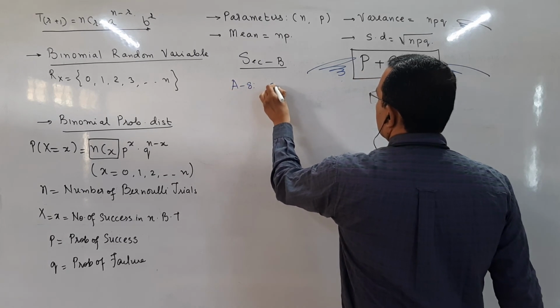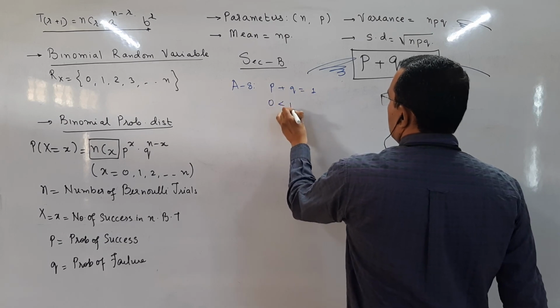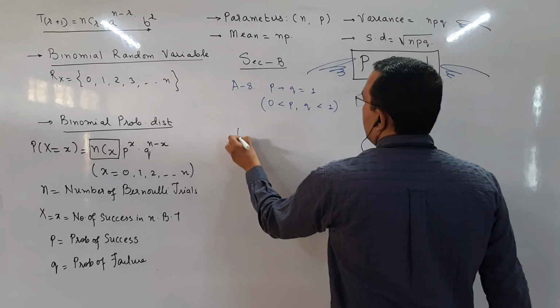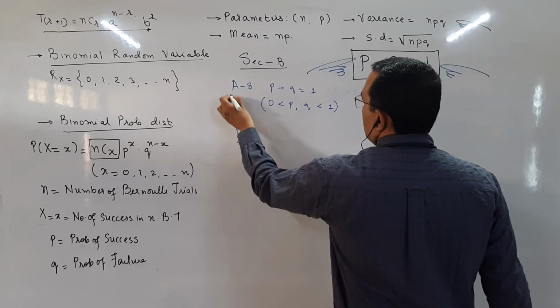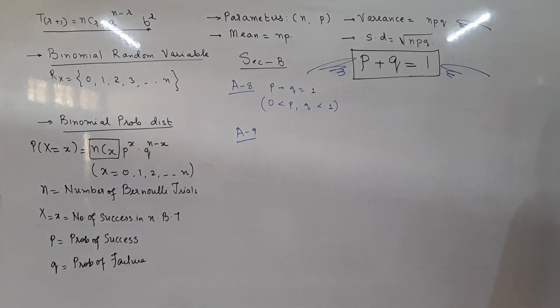Answer 8: P plus Q is equal to 1, where P and Q both are less than 1. We have already written this when we defined Bernoulli trials.